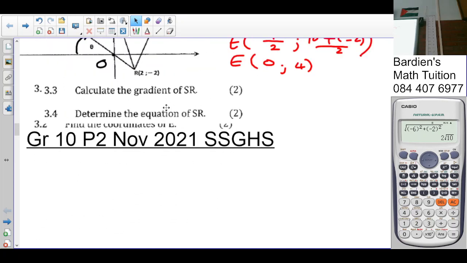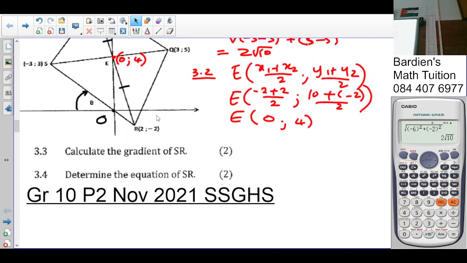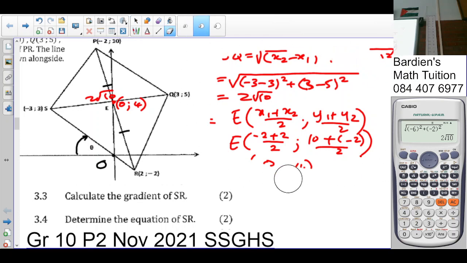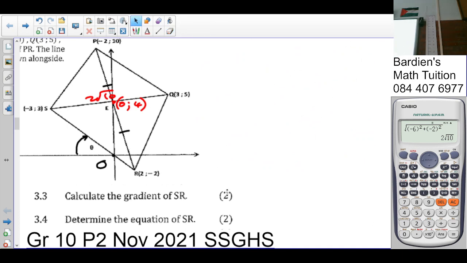Okay. Then the question says, determine the gradient of SR. Okay, so I'm just going to fill this information in here so that I can take this off the board. SQ is going to give you 2 root 10. I can take this off so that I can have space to do calculations in.